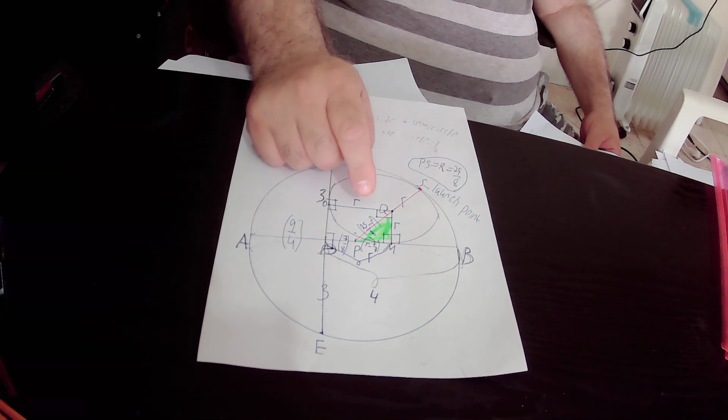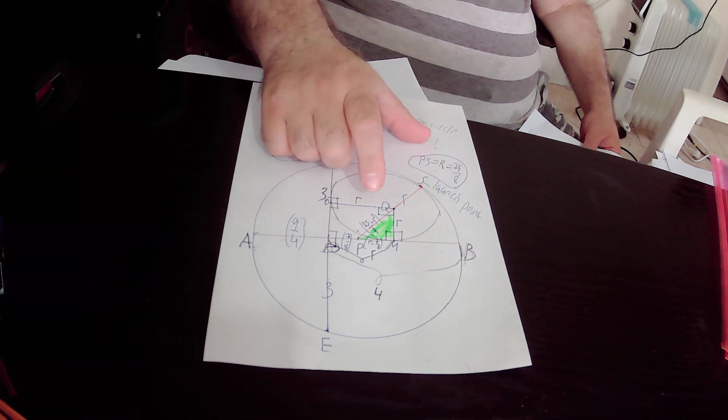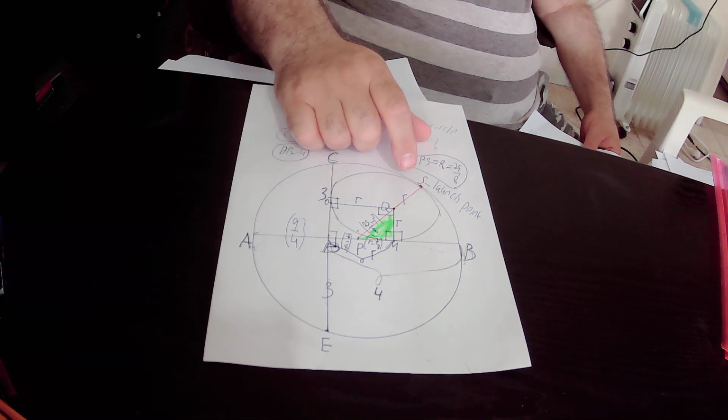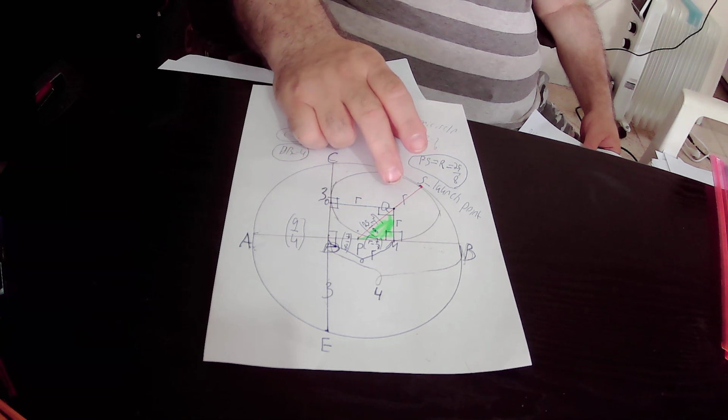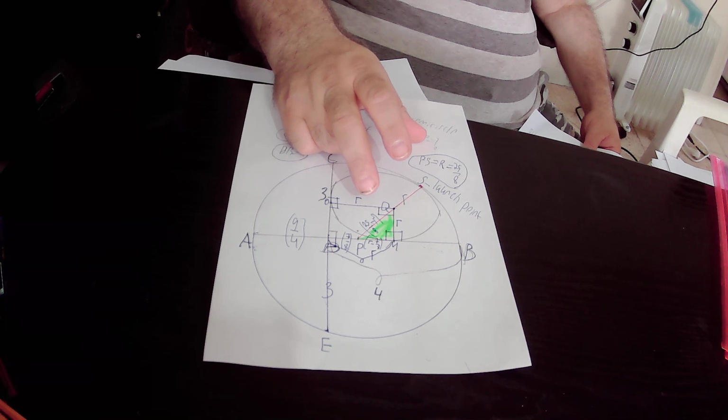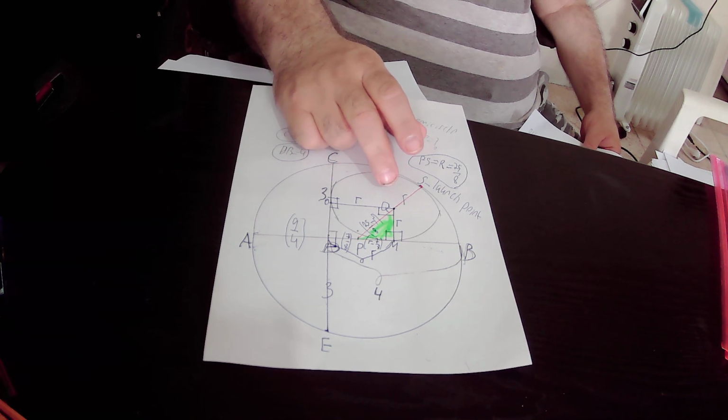That is to say, points P, Q, and S are all located on the same straight line, or line segment PQS is a straight line.